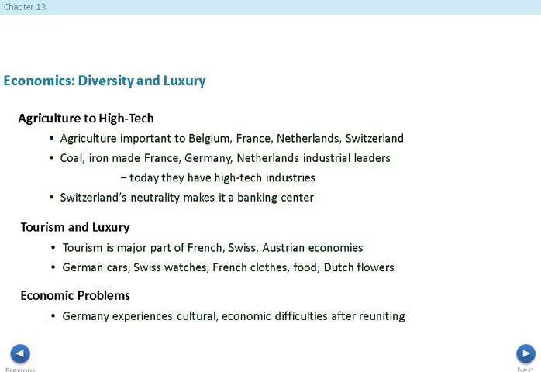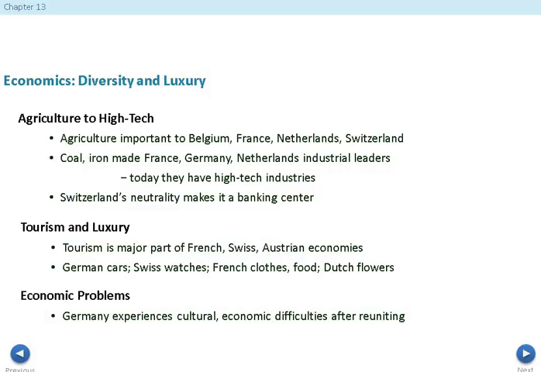You also see tourism very important in these areas. Obviously, with all of the historical background, people have lived there for a long period of time, and you're going to see people coming there from all over. Tourism is a major part of the French, Swiss, and Austrian economies. You're also going to see luxury items, things like German cars, Swiss watches, French clothes and food, Dutch flowers.